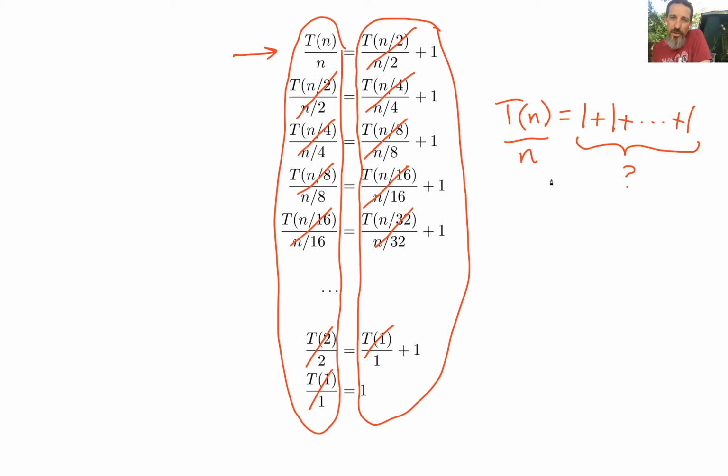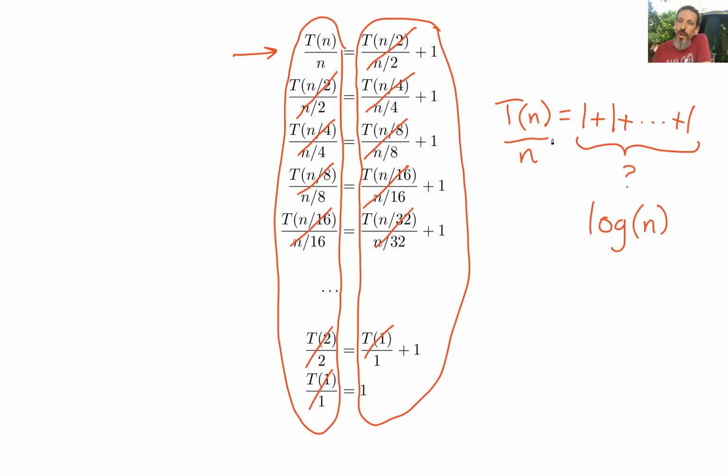And the answer is, well, if you think about it, how many times could we double the denominator until we get down to n over n? Well, we can only double the denominator log of n times. So the number of ones on the right-hand side here is log of n.